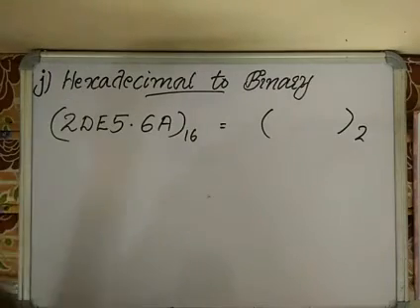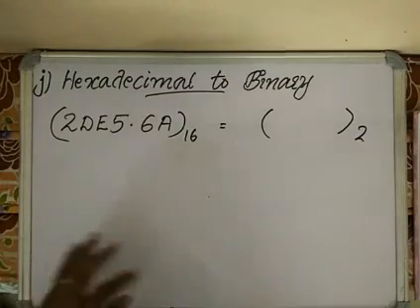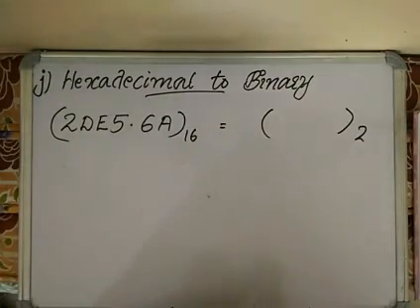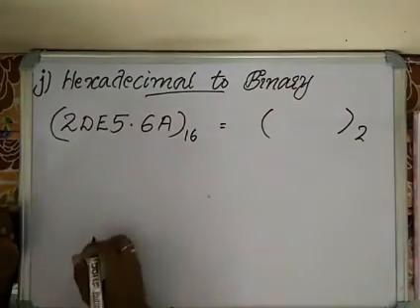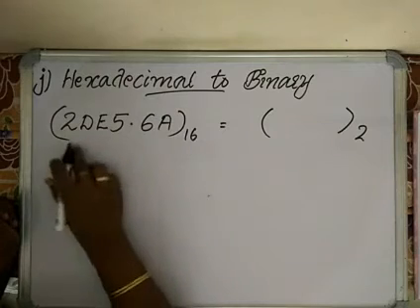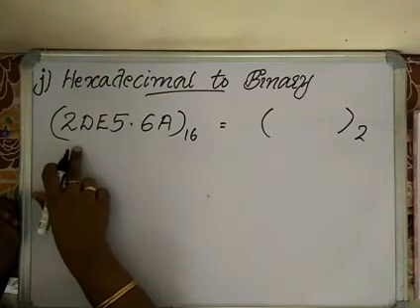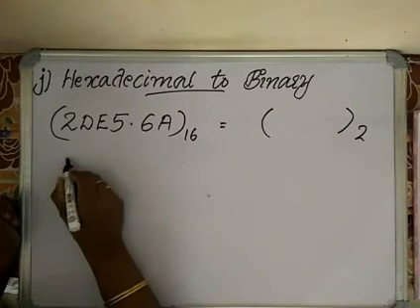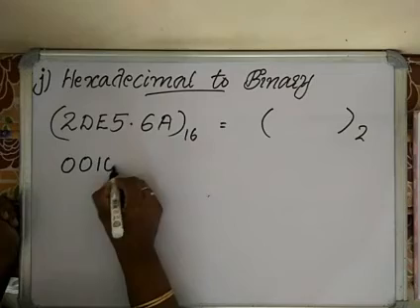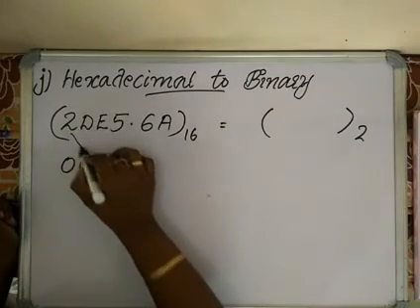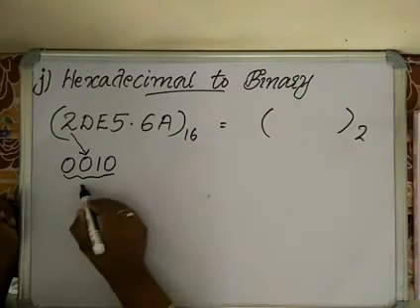So we take each hexadecimal digit and write the equivalent binary digits, and that will be the result. Result means the binary equivalent of the given hexadecimal number. For 2, the first digit is 2. We can write the binary equivalent of 2 in 4 bits, 0010, representing 2.